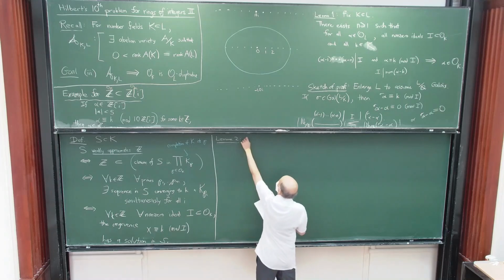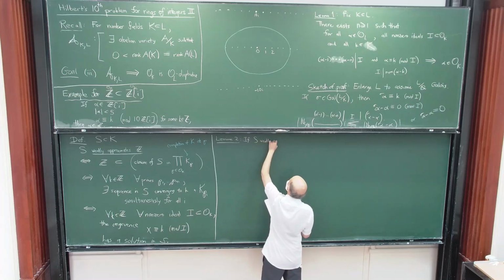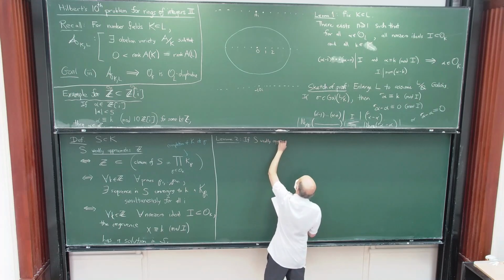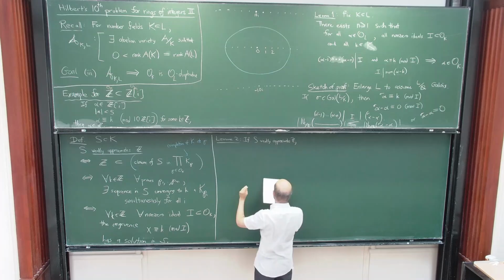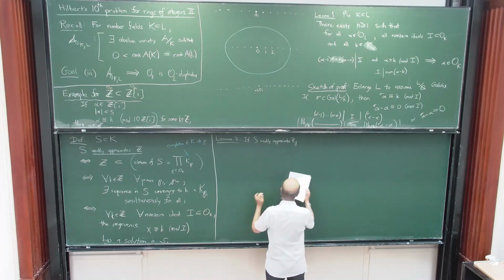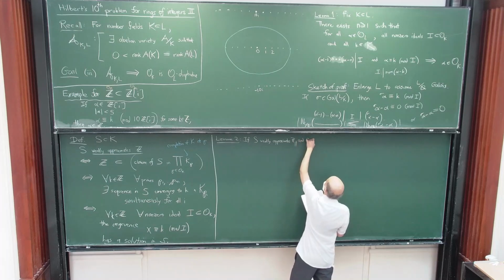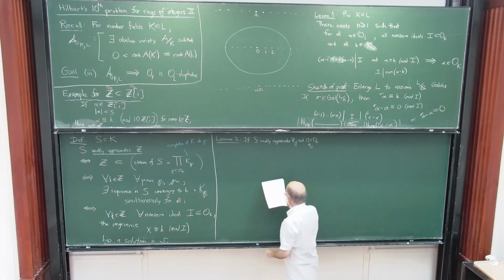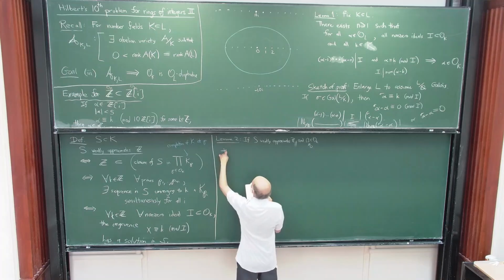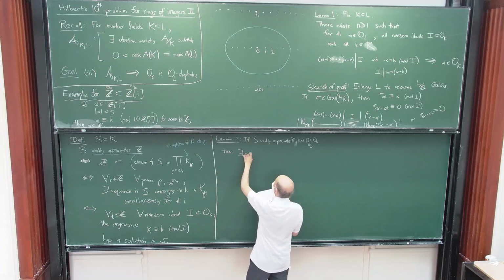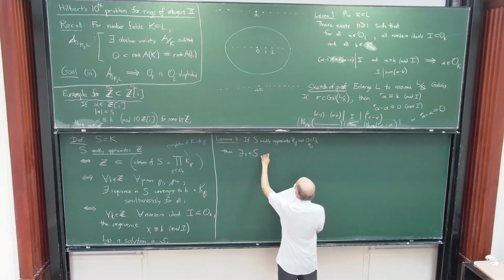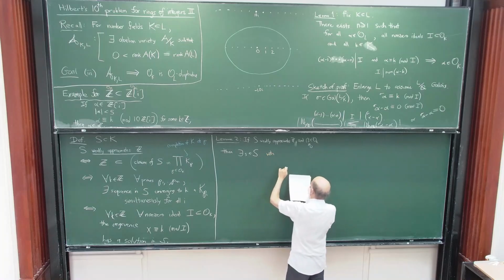If you do have this condition that S weakly approximates all the integers, and you have an element theta in OK, and let's say it's not 0, then there exists an s in this set whose numerator is divisible by beta.